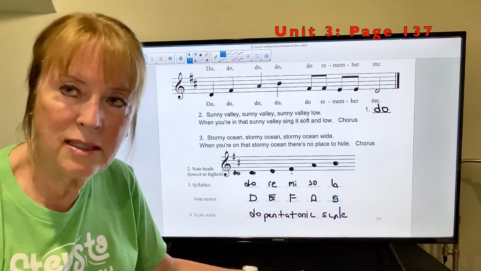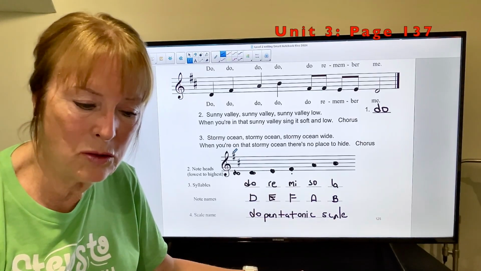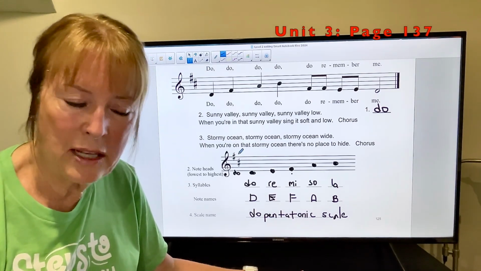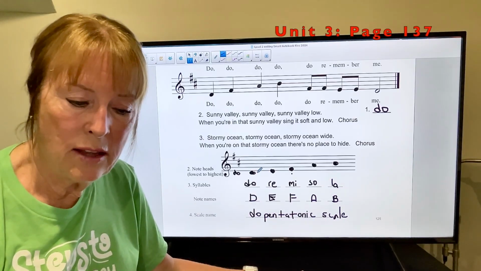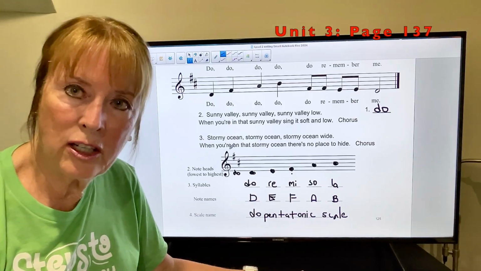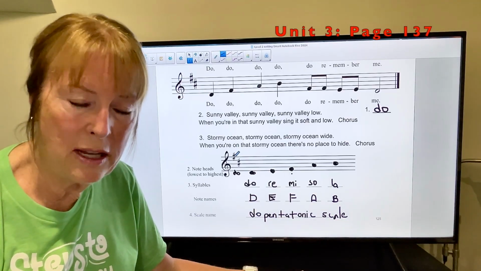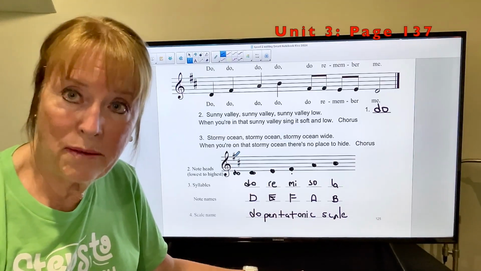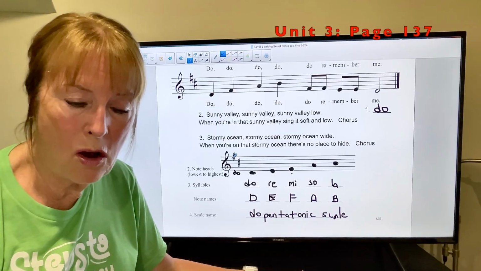Now we have to fix something in here because this song, Rocky Mountain, has these 2 symbols, and we learned in Unit 2 that they're called sharps. We have to identify them because they alter the letters that they are on here. So this line right here that goes through the middle of that sharp is the top line, and it's F. We learned that, so it's F sharp. So we have to sharp all the Fs.